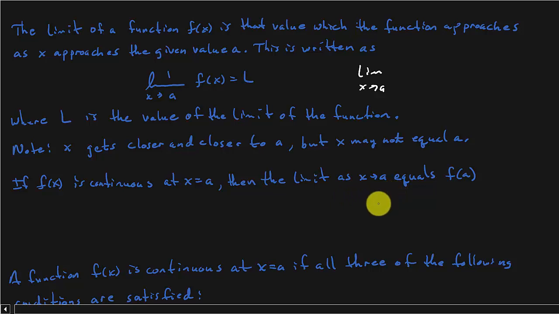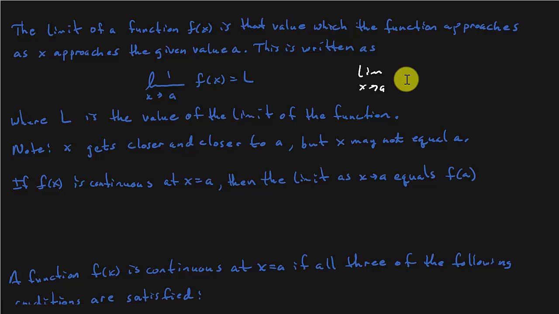Wow. Now that's nice. What exactly does that mean? Well, it's saying if your function is continuous at the x value, then in order to evaluate the limit, all you've got to do is plug x into the function, and that gives you the limit. Okay?